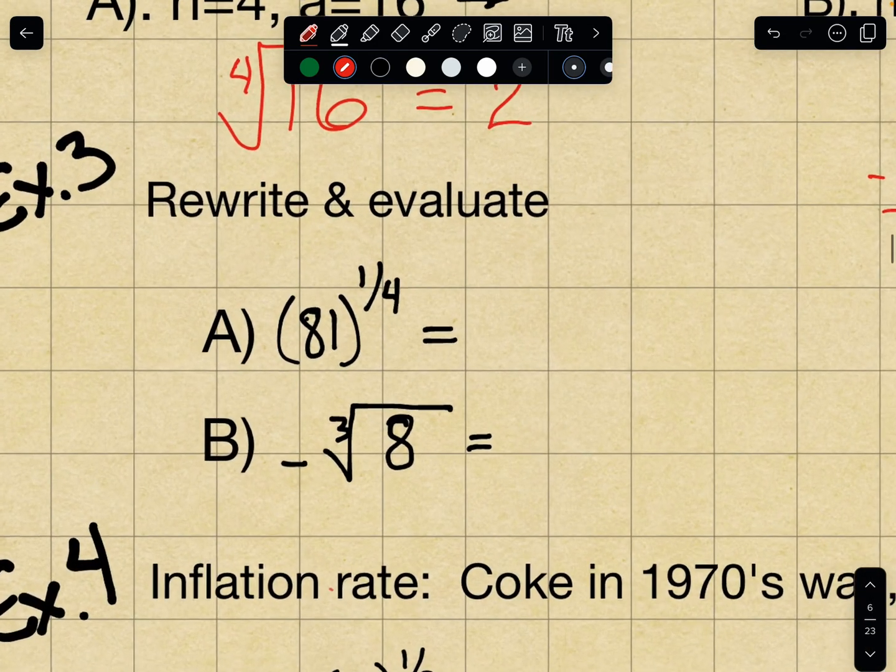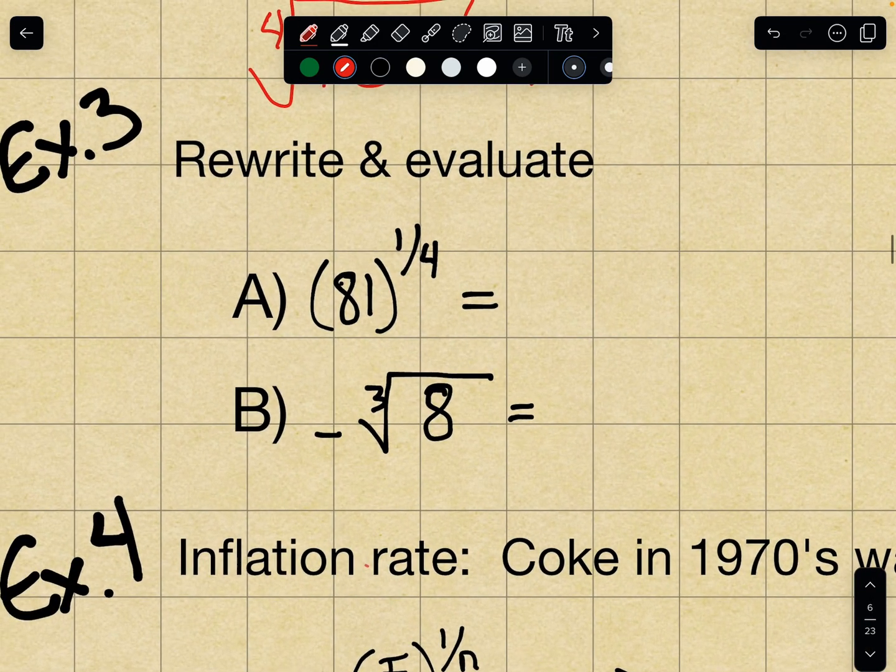2 more examples. 3. 81 to the 1/4. So I'm going to rewrite and then find the value. It is exponential, so I want to put it in radical. 81 to the first power, fourth root.